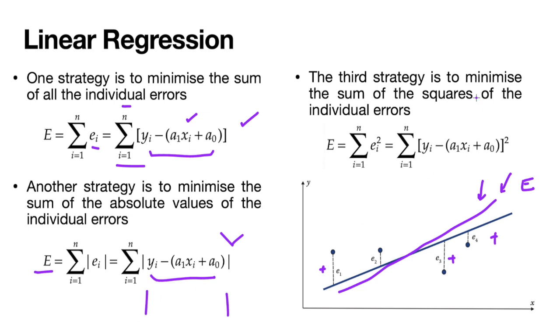That's why we come to the third strategy, which is to minimize the sum of the squares of all the individual errors. We take all the individual errors, square them, and then add them together.